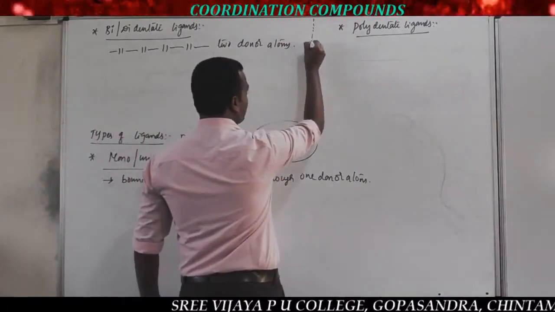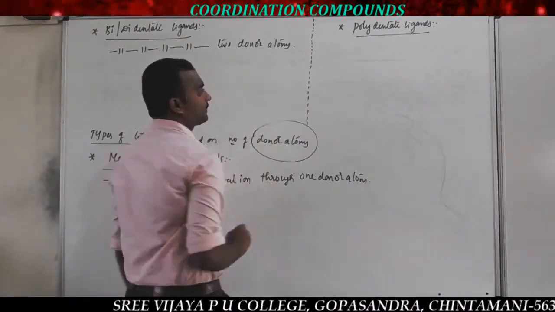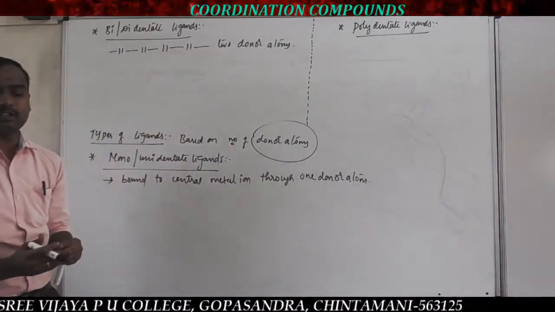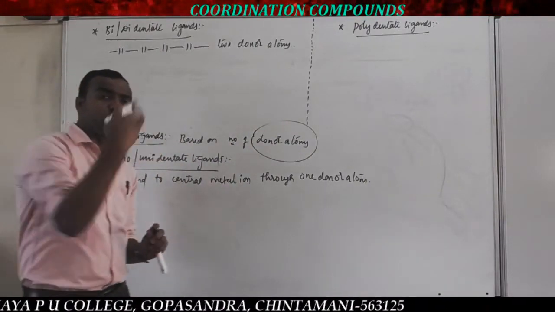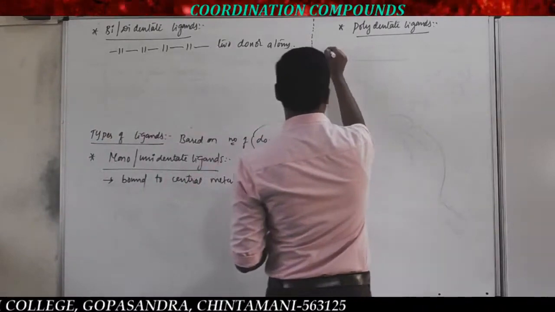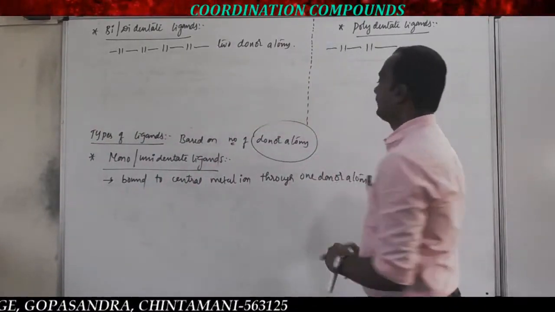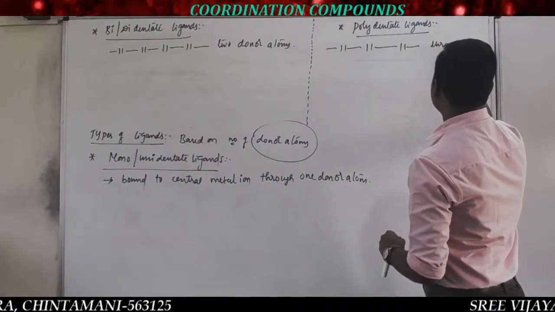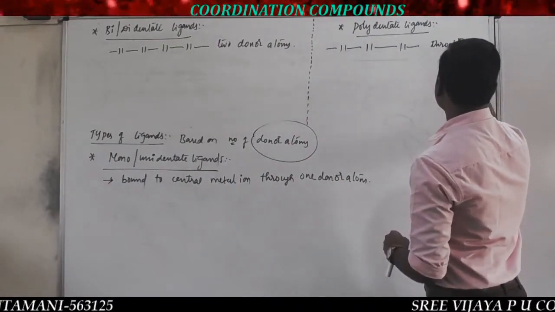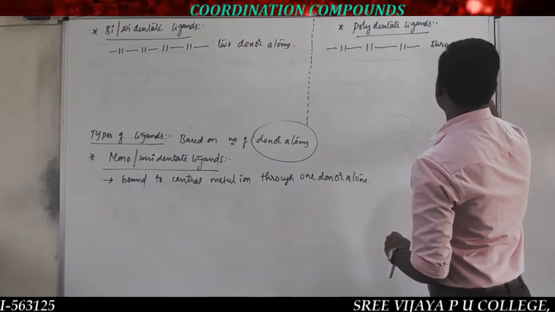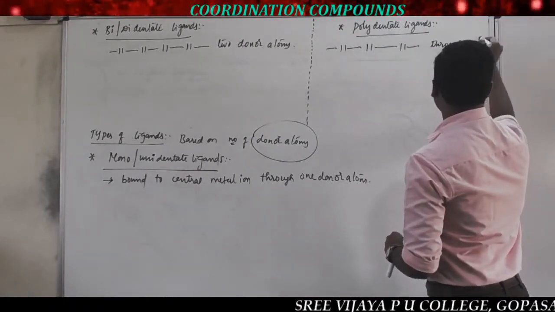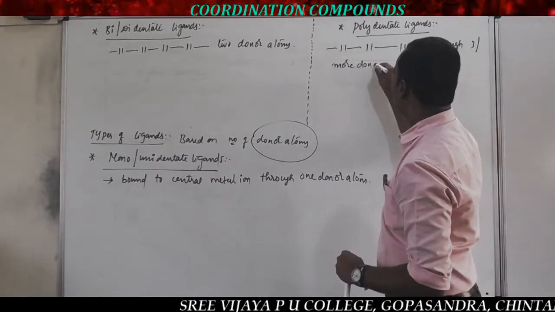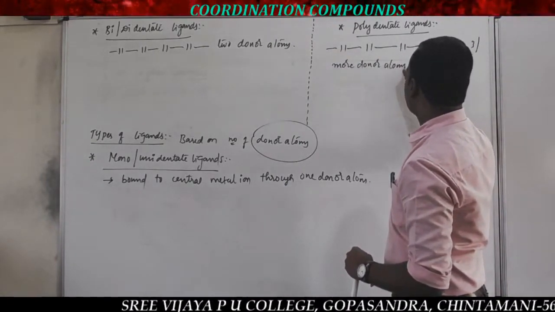One more is the polydentate ligand, which is bound to the central metal atom through three or more donor atoms.